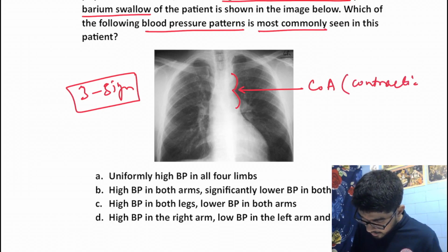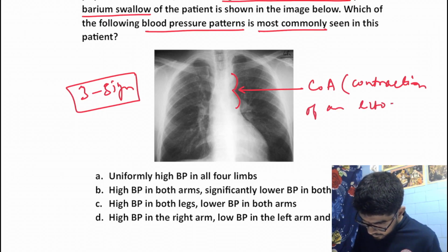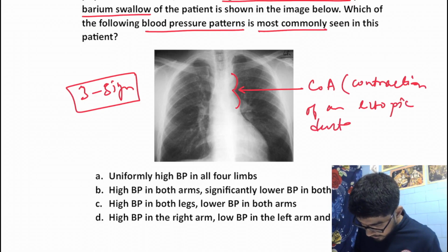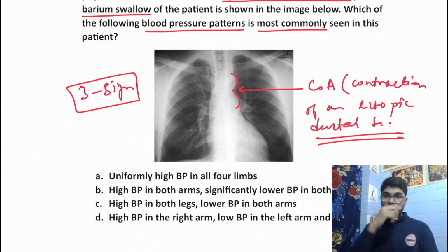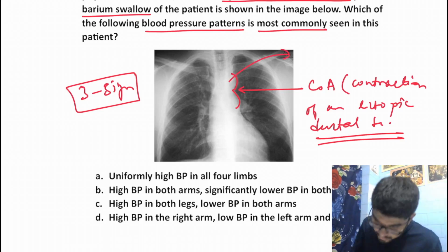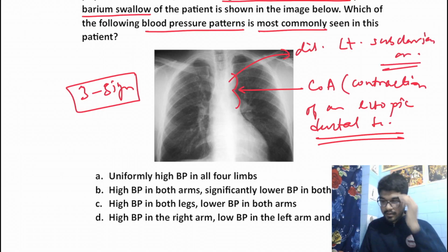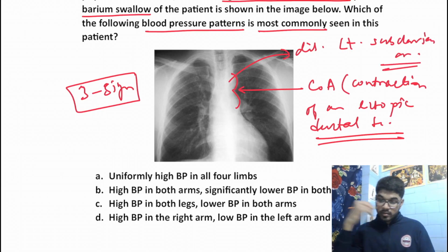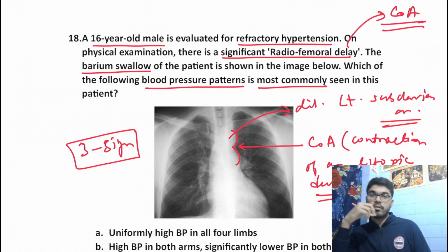There is actually contraction of an ectopic ductal tissue, right, around the aorta, and this bulge over here is the dilated left subclavian artery. Okay. This is coarctation of aorta, right? Even we have radiofemoral delay. This also adds on to our diagnosis. We have coarctation of aorta.